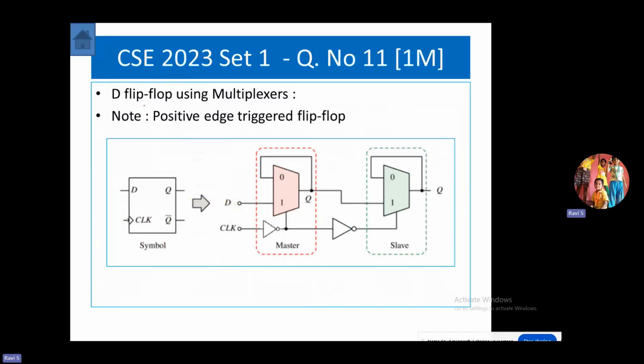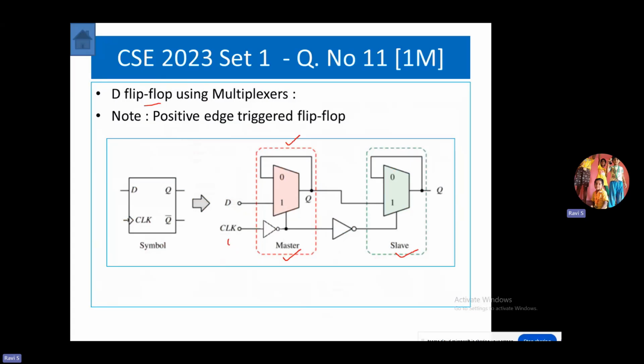The first one is the D flip-flop. If we go for implementing a D flip-flop using 2-to-1 multiplexers, it needs double stages. Two D latches are needed in order to implement a flip-flop. The first D latch acts as master, the second D latch acts as slave. Normally it is called a master-slave flip-flop.